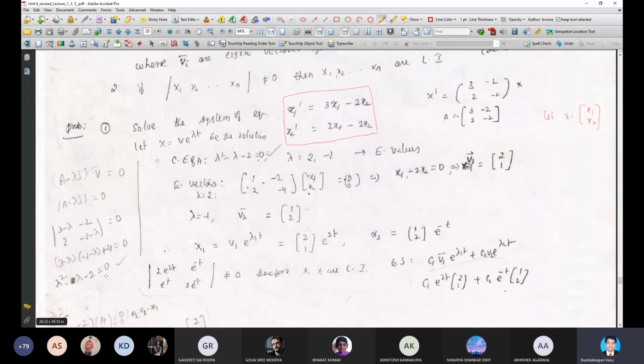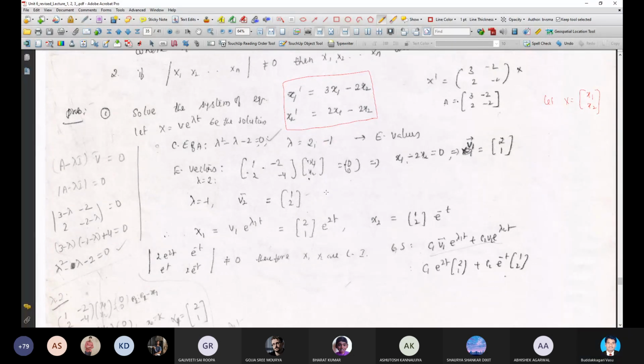Now the corresponding eigenvectors for each eigenvalue. Lambda is equal to 2, eigenvector is 2, 1. Next, the second eigenvector for lambda is equal to minus 1 is 1, 2.